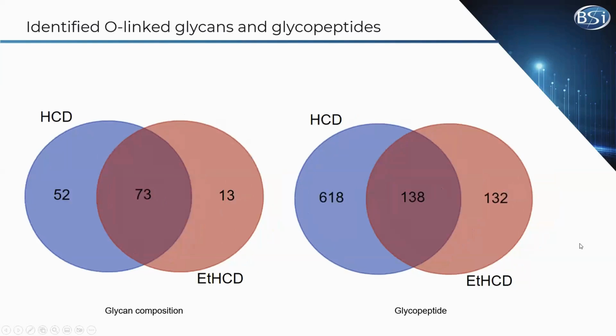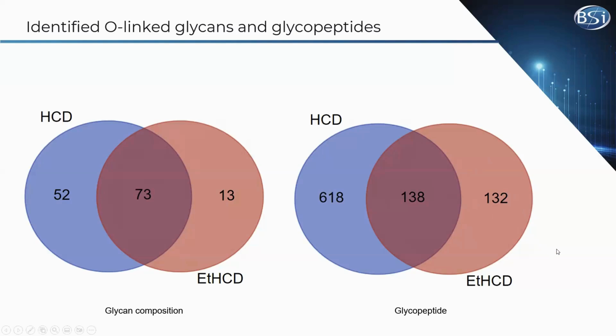And at the O-link level, again, the vast majority of the glycopeptides were identified by the step collision energy HCD method. However, ETHCD data did add an additional 132 glycopeptides, which is fairly significant.